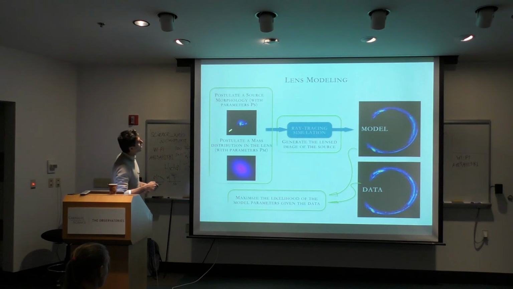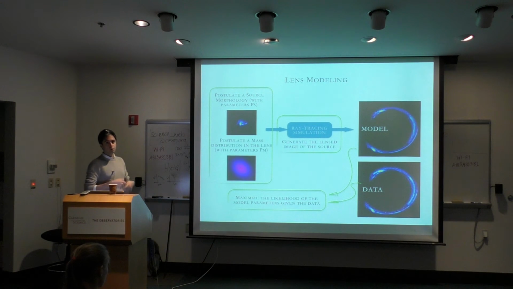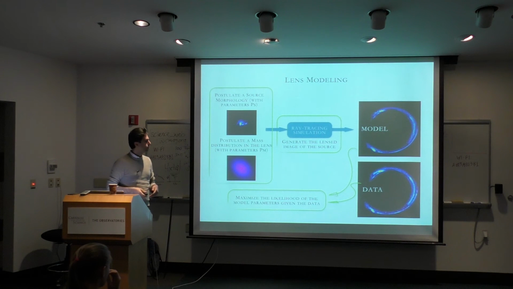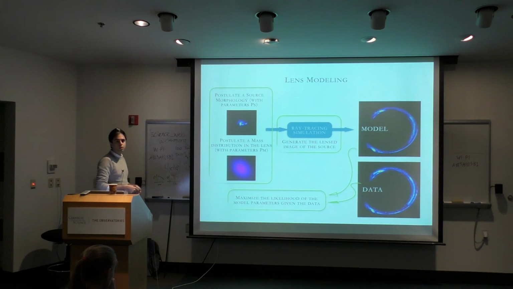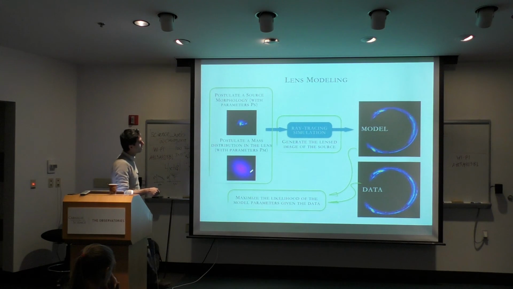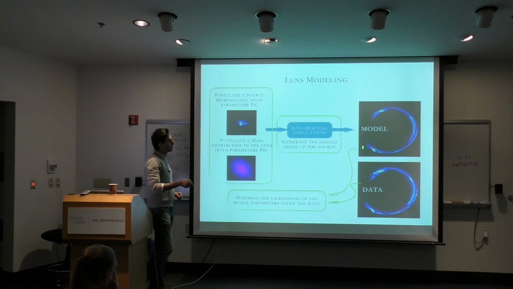So for lens modeling, typically we have parameters that describe the light distribution in the background source, just how that background source looks without being lensed. We also have parameters that describe how the mass in the foreground lens is distributed. For example, this could be some NFW or a combination of these, with or without subhalos in it. So basically it describes what the projected density looks like. Using these two ingredients, we can predict what the sky model should look like, perhaps an arc like that.